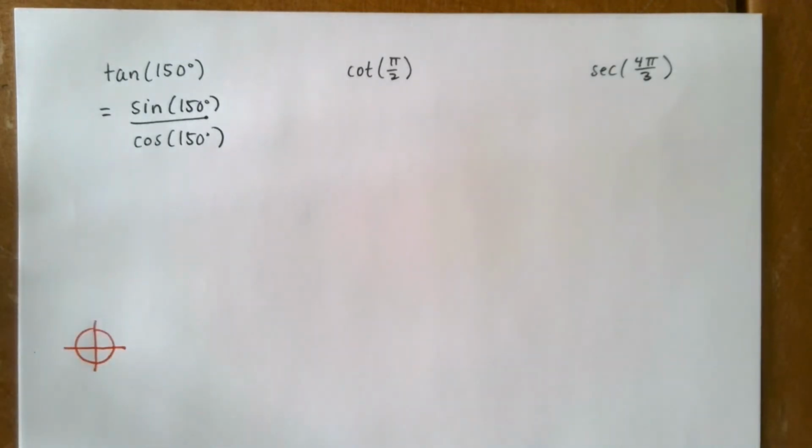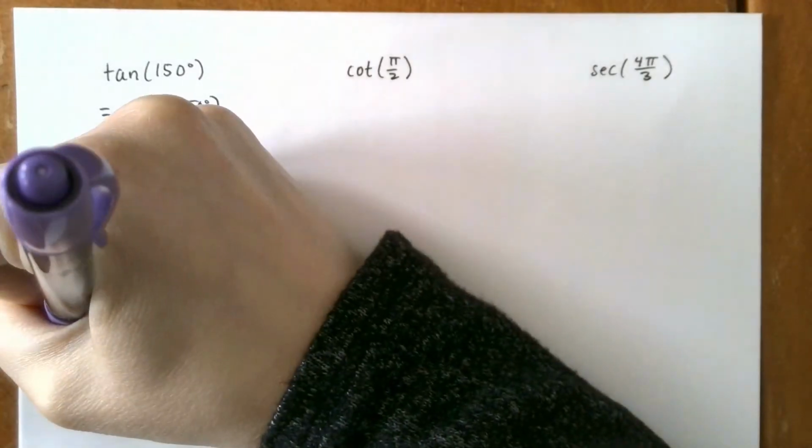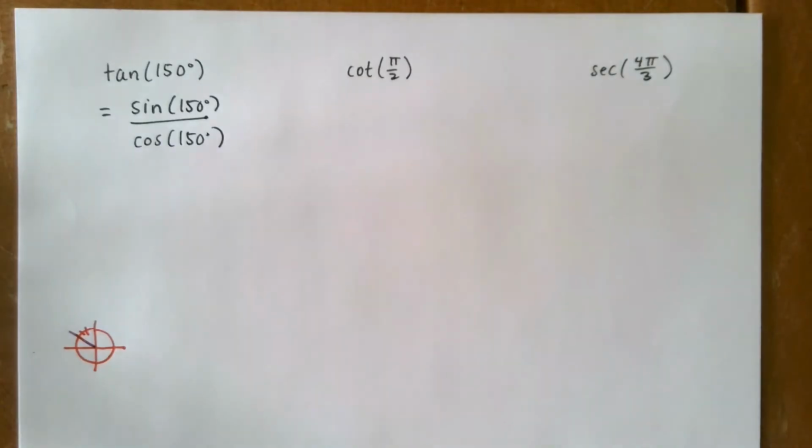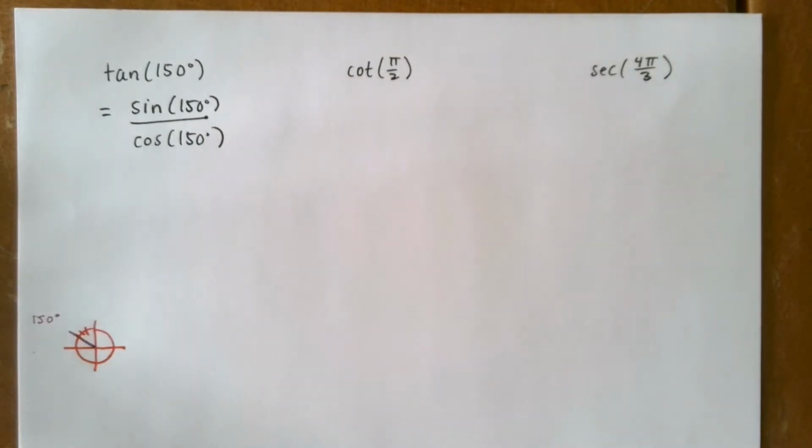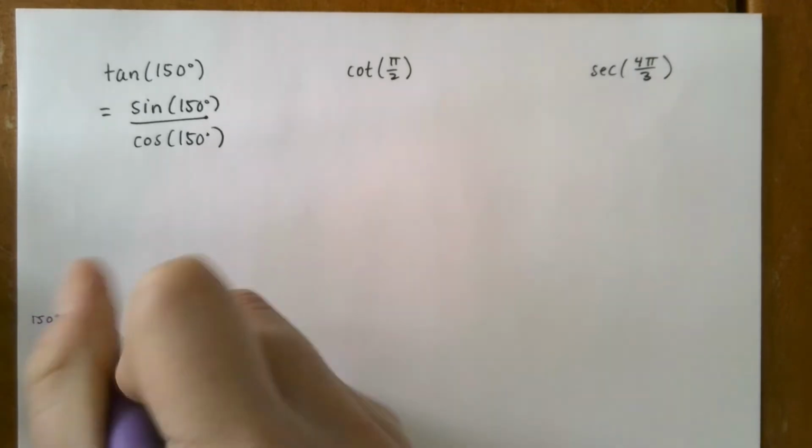Alright, 150 is 30 degrees shy of 180. So 150 is this angle right here. It's like the low angle in the second quadrant. So this is 150. This is going to be on the same bow tie as 30 degrees.